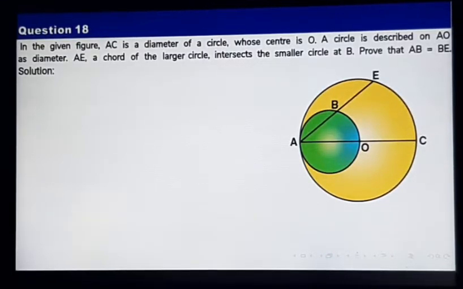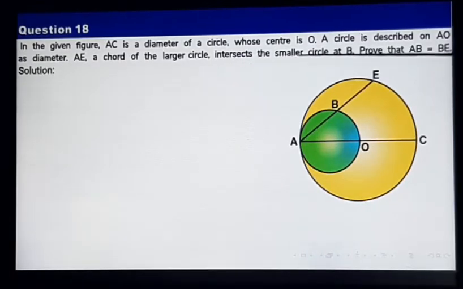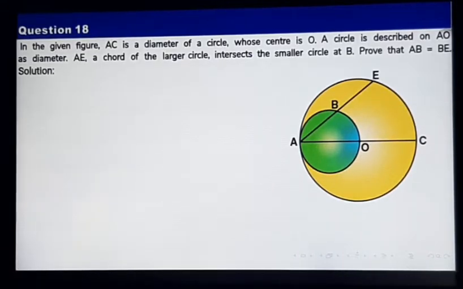Now AE is a chord of the larger circle, and this chord intersects the smaller circle at B. Now we need to prove that AB is equal to BE.